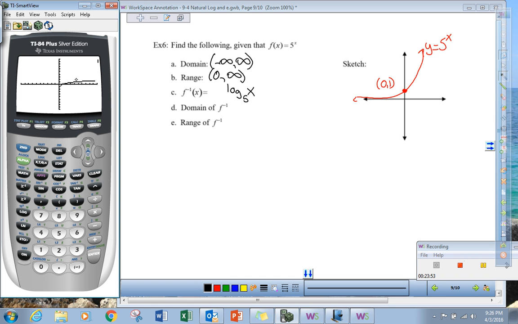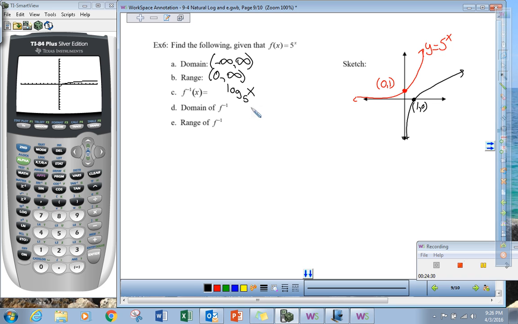Notice that it happened to be right through here. Some key points on there, though. I know at 1, I'm going to get 0. So I'm going to go through this point right there, and this graph's going to look like that. A rough sketch is all we need, because I want to use that to answer the domain of the inverse.